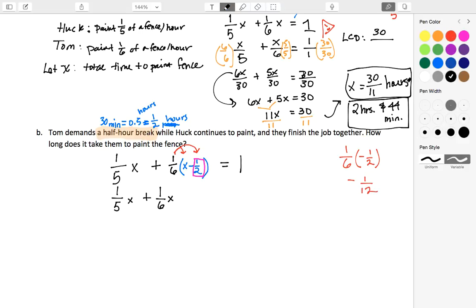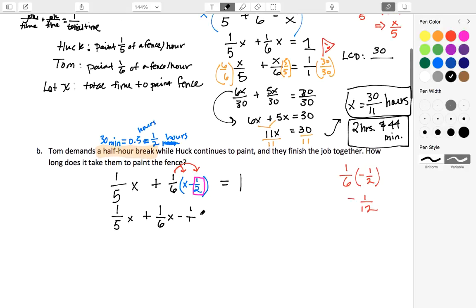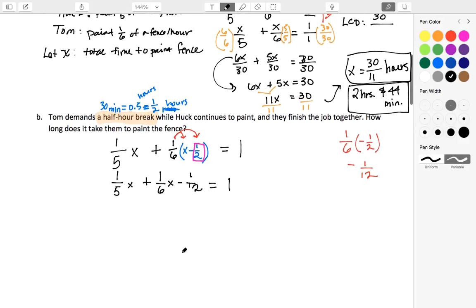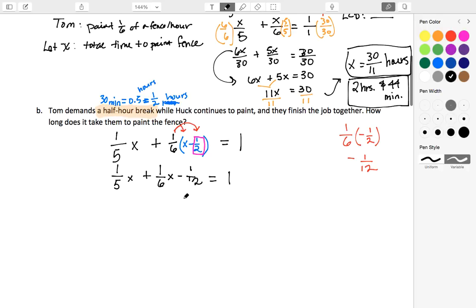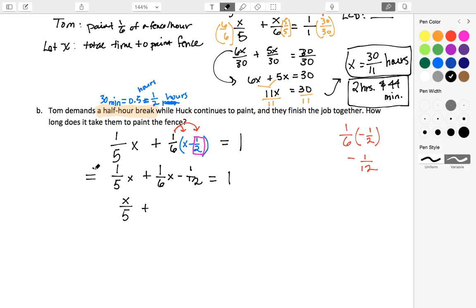So here I'm going to write minus 1 over 12 equals 1. Okay, so then from there, we can rewrite this as x over 5 plus, not 6, x over 6. So this is all the next steps. So we have x over 6 minus 1/12 equals 1, okay?